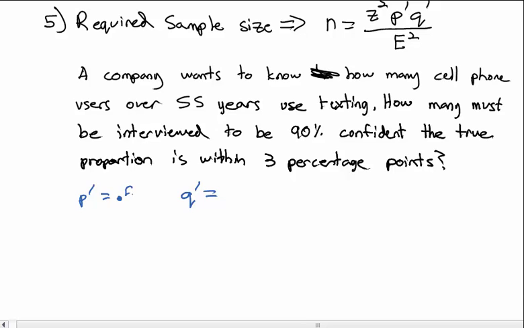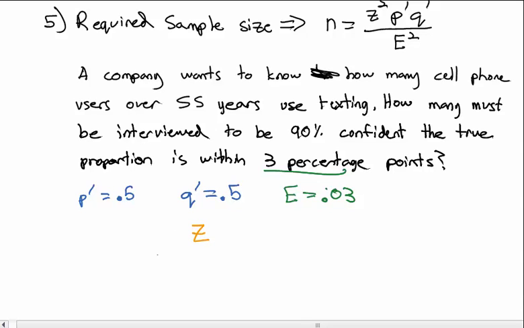So if it's a 50-50 chance, 0.5 and 0.5, that'll give us the largest product of PQ. The error we know we're looking for is 3 percentage points, or 0.03.